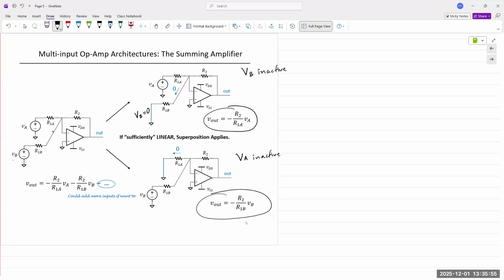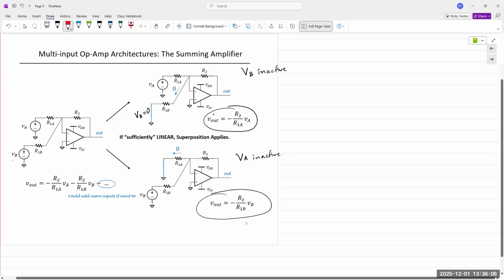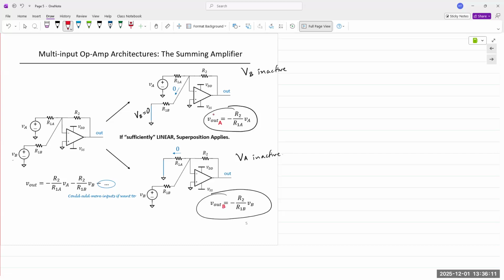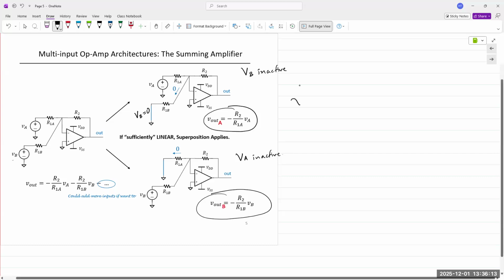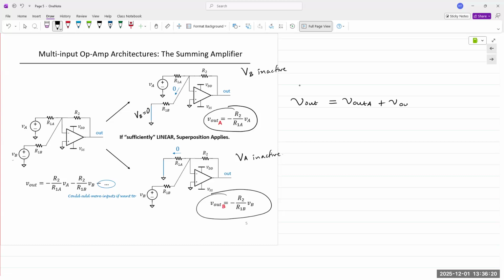Superposition at the end, we need to have, let's call this V_out A and V_out B. Our actual V_out is equal to V_out A plus V_out B. And so we obtain this expression.